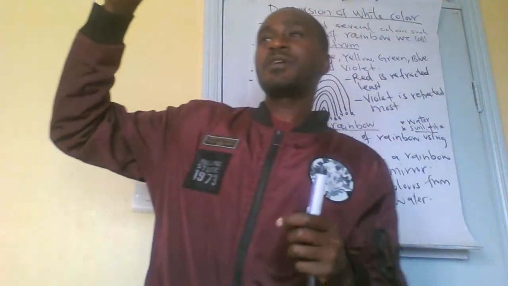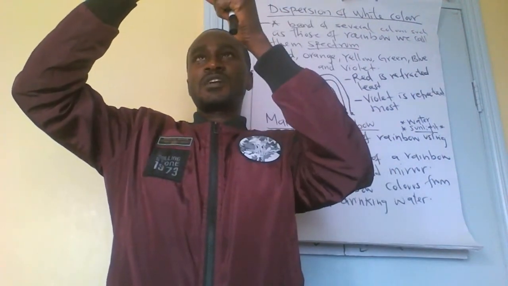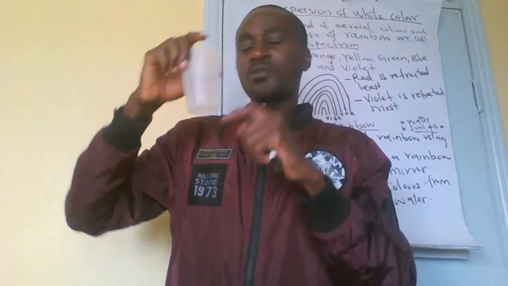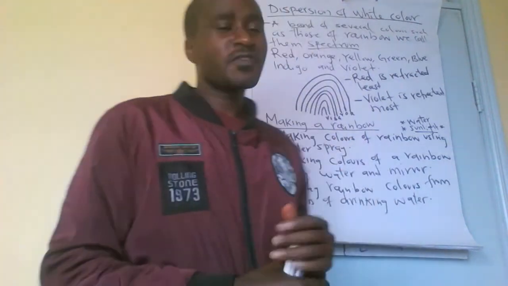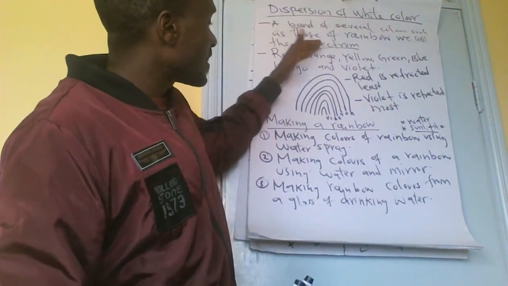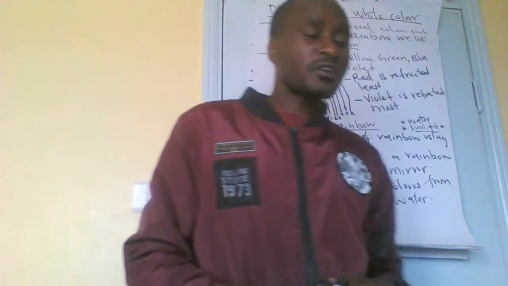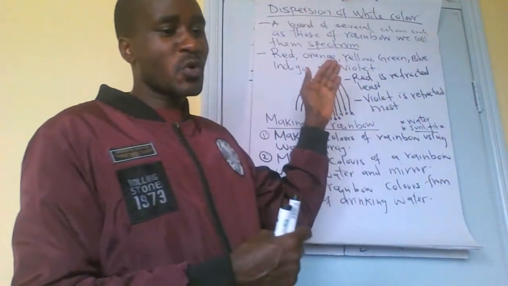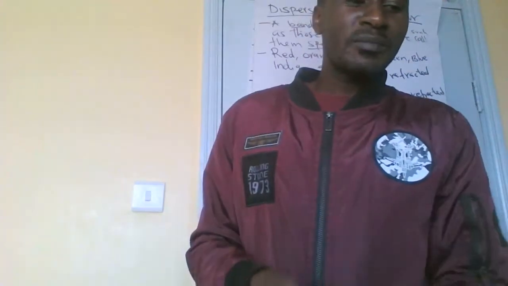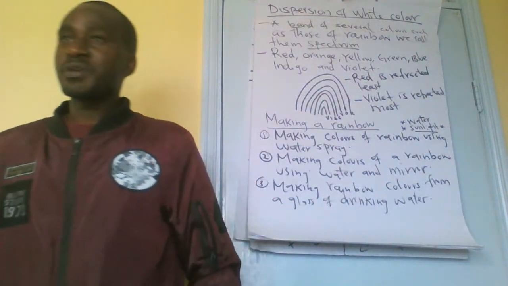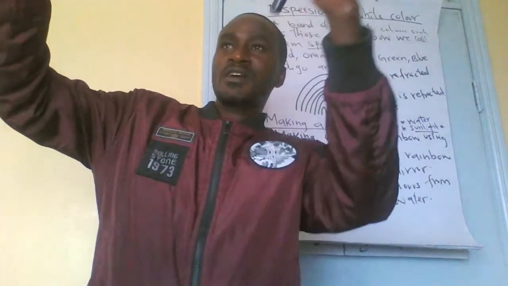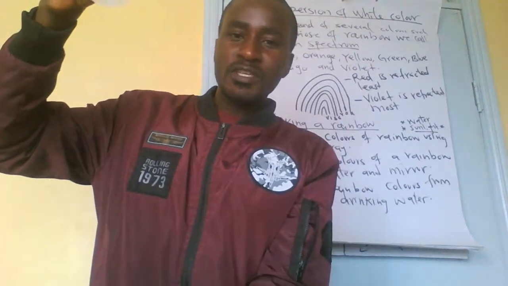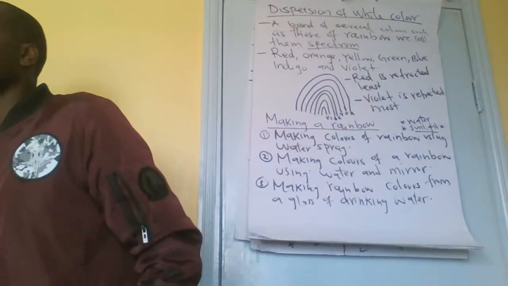You fill your glass with water, then go maybe in the morning or in the evening and face the sun, and you will see a rainbow appearing. Those are ways how a rainbow is formed. At home, you can also form a rainbow using a glass of water. You can place it near the window when it is sunny in the morning. When the sun hits it, you will see a rainbow formed down on the table or the whiteboard.